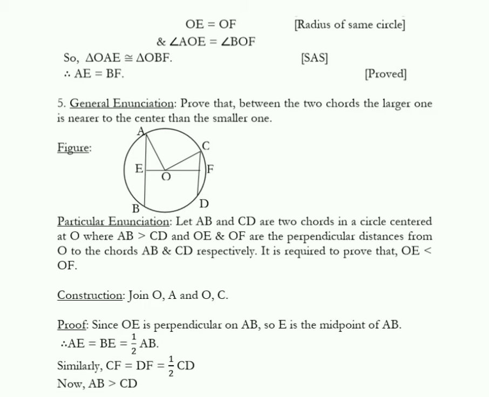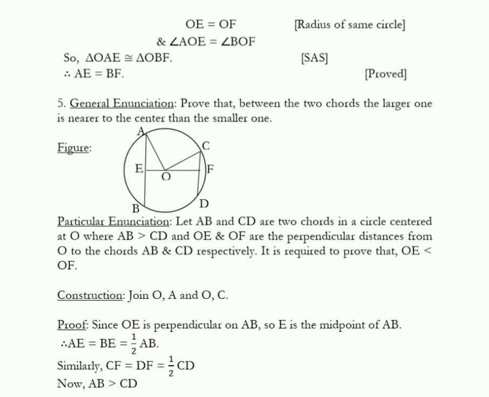That means the chord that is larger will be nearer to the center, and if the chord is smaller it will be farther from the center. Particular enunciation, let us see. Let AB and CD be two chords in a circle centered at O, where AB is greater than CD, and OE and OF are the perpendicular distances from O to the chords AB and CD respectively.